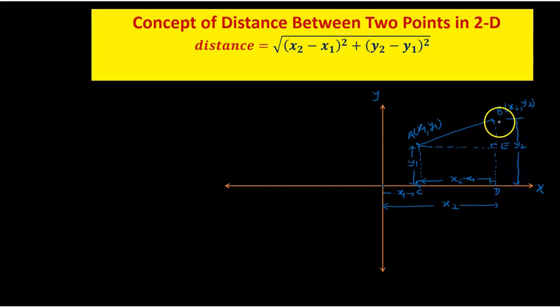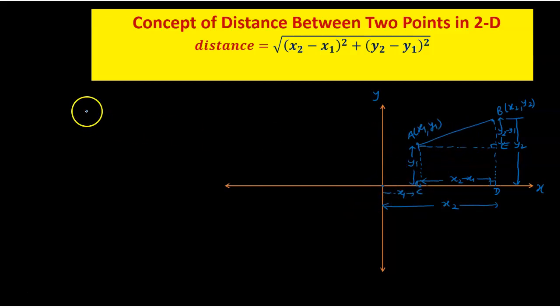So how much is the value of BE? BE is equal to y2 minus y1. I simply write the coordinate system, and whatever distances the Cartesian system gives, I simply mark on the figure.